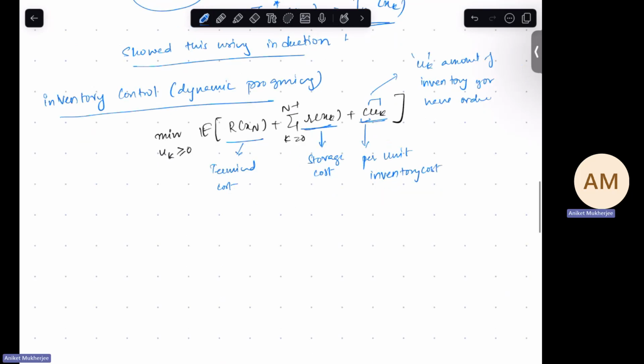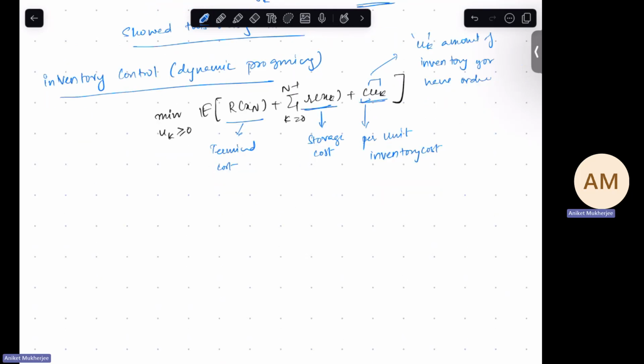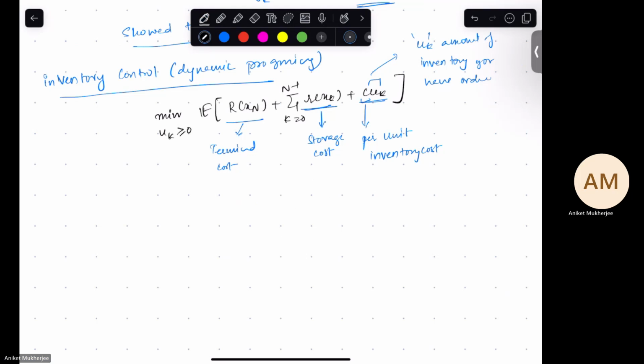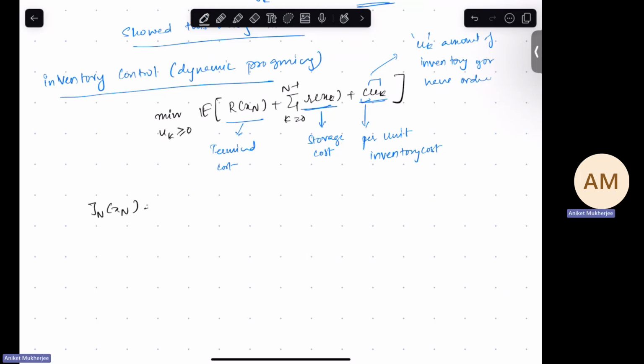Okay, so first we'll do the general dynamic programming for inventory control. Where we'll have Jn(xn) equal to gn(xn), and Jk(xk) equal to the minimum over uk in Uk of the expectation of gk(xk, uk, wk) plus Jk+1 of fk(xk, uk, wk). I'm writing the dynamic programming problem once again.